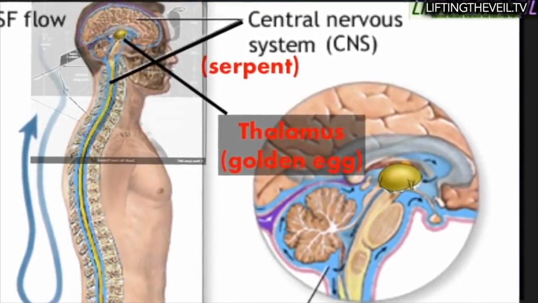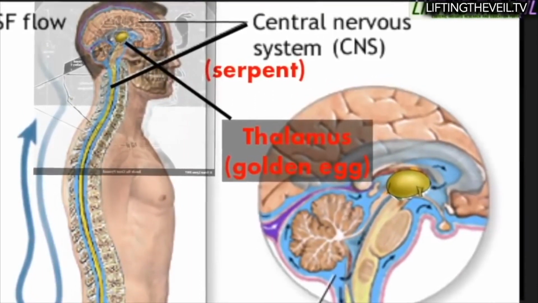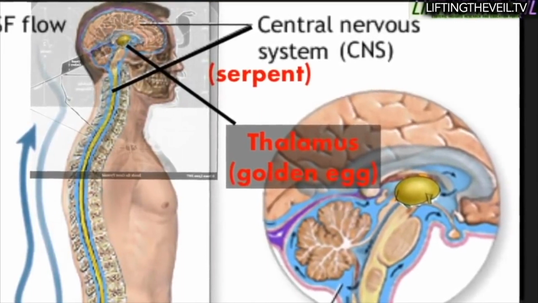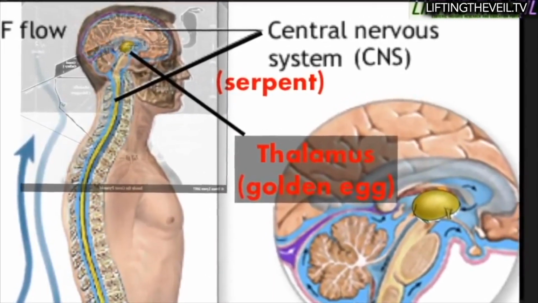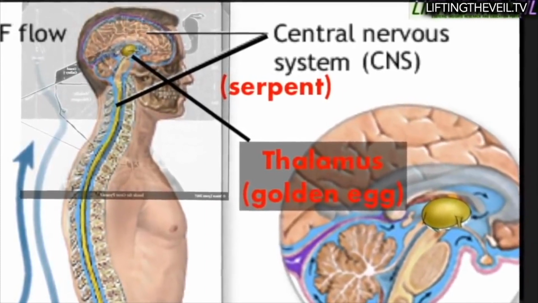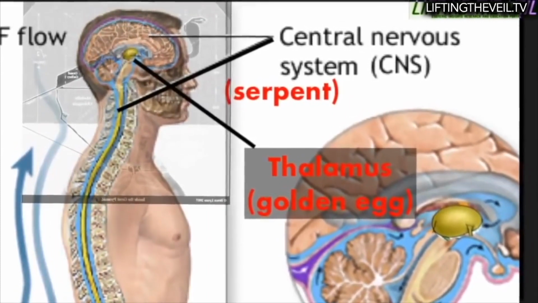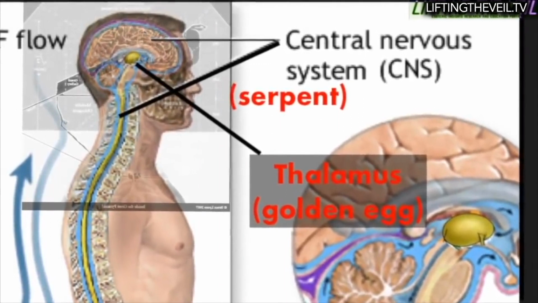So again, this is why the spinal column and the egg, the serpent and the opus and the ovum, the spinal column and the thalamus within the brain, a summation of everything I've shown in this presentation. And this is the significance of the story of Jack and the Beanstalk, or Osiris climbing the ladder to heaven, and Jacob ascending the ladder to heaven, where he comes face to face with God and names this place Pineal.